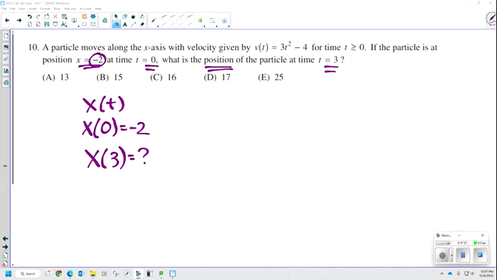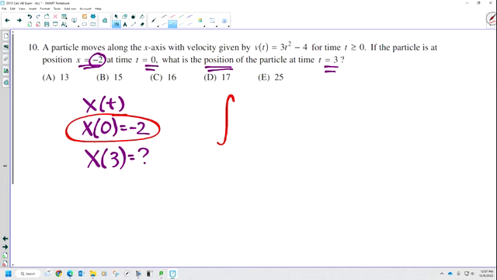So what I'm going to do is integrate velocity to get position. And I'm going to use this initial condition they give me here to solve for my unknown c. Because I don't have bounds, when I integrate velocity to get position, it's the integral of 3t squared minus 4 dt. Don't forget the dummy variable.